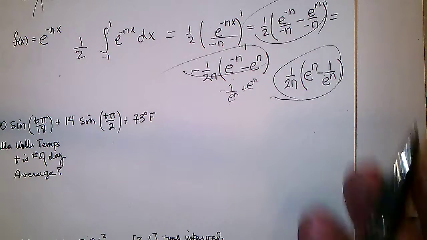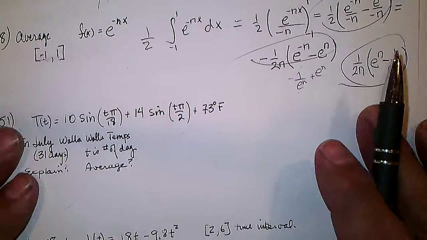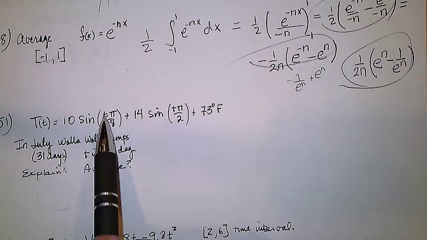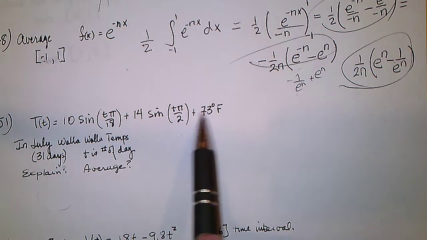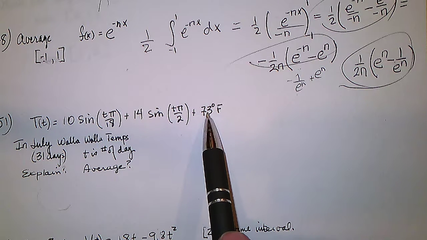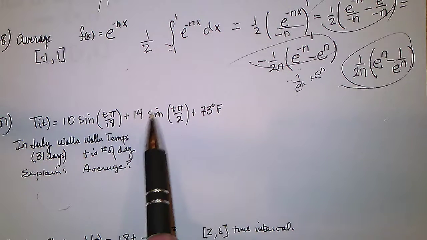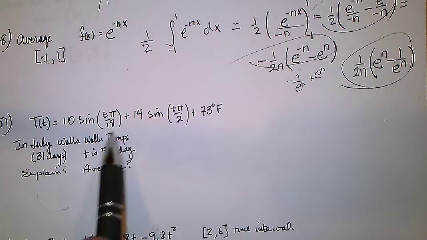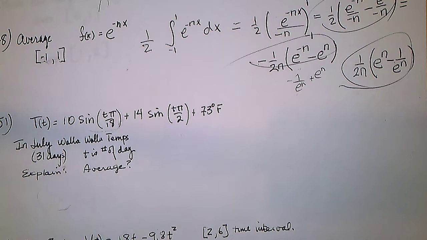Okay. Temperature in Walla Walla in July. That's time, and this is the temperature. Why would it be something like this? Well, this is kind of the average, and then it's fluctuating above and below that. What's the period on this?